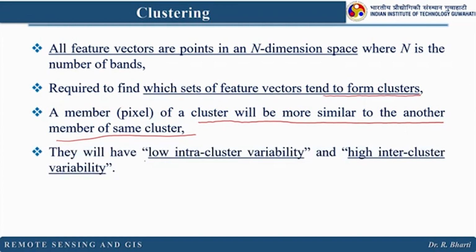They will have low intra-cluster variability, right? Within a cluster they will not vary much, but high inter-class variability. But with respect to other clusters, they will vary abruptly. So that means you have decided, or the system has identified, good cluster pixels, right?